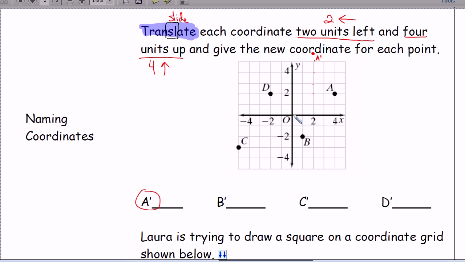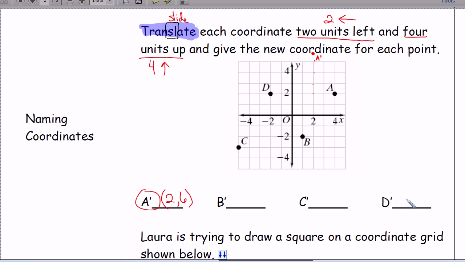To get to this A prime, I start at 0 and go right. So the coordinates are gonna be 2, by the way, because I'm going to the right. Up, so that's 1, 2, 6. So that's a positive 6.